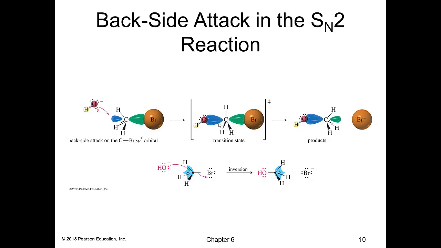After that they form a bond over here in the transition state. This bond is about to be formed, and this bond is about to be broken. And in the end, you have an inversion of the product, the organic product versus the original organic reactant.